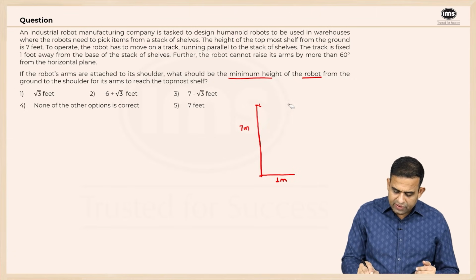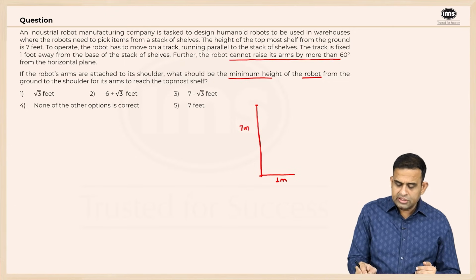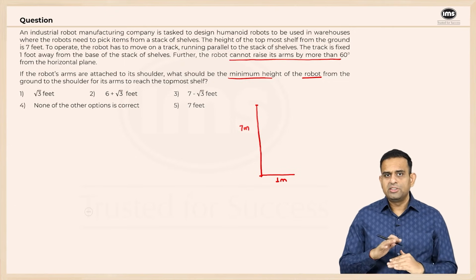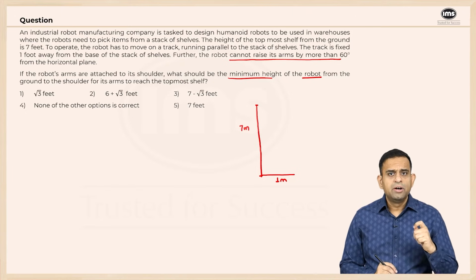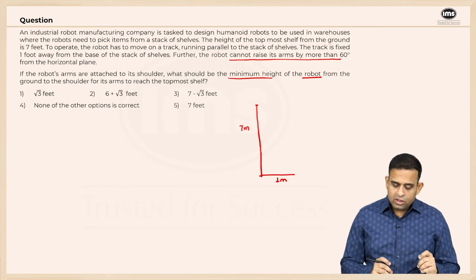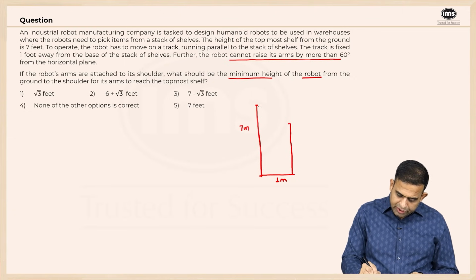Now understand, they have given that the robo arm cannot raise beyond 60 degrees. The max possible angle which it can make with the horizontal ground must be 60 degrees. So definitely, if you want that scenario, suppose this is the height and the robo is going to reach the top shelf with what angle? 60 degrees.